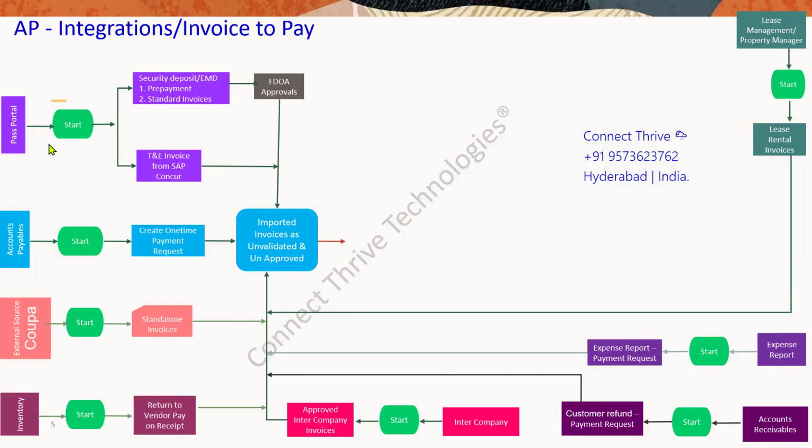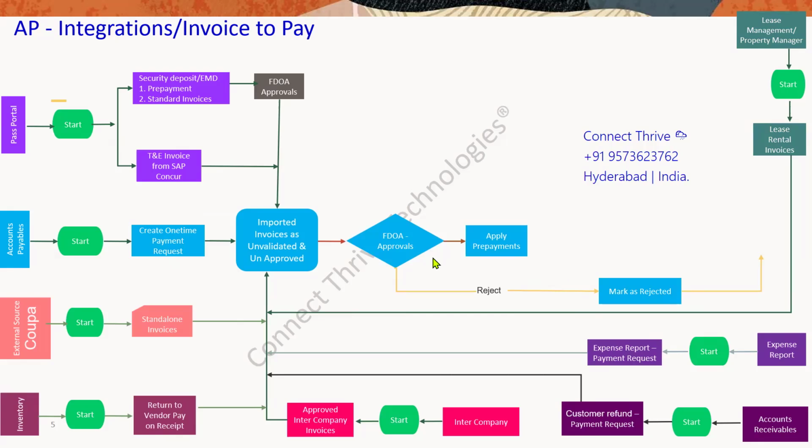Then they send those invoices to AP. From there, we follow the FDO approval, that means the financial delegation team will review and approve the invoices. If any mistakes are there, they will reject it, and again they can reprocess it. If we have already paid any advances against invoices, we apply the prepayments. Either before or after making the prepayment, validation is mandatory.